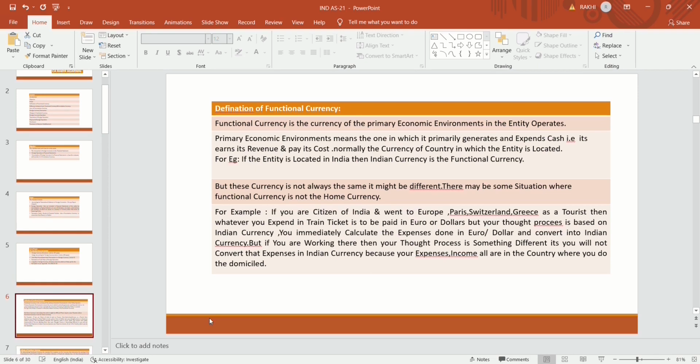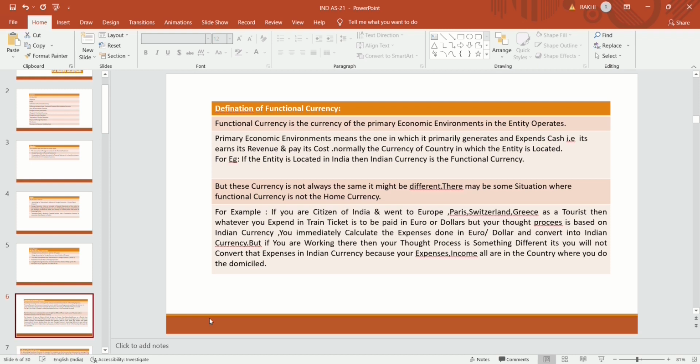That is, for consolidation purposes the presentation currency is different from the functional currency, and also if it is required by any law, and for investors' purposes. If some foreign company wants to invest in an Indian entity, the Indian entity needs to present its financial statements in the investor's country's currency, so they will be able to understand them.